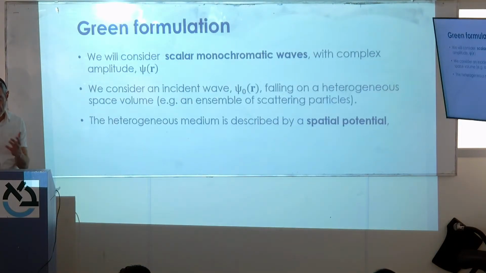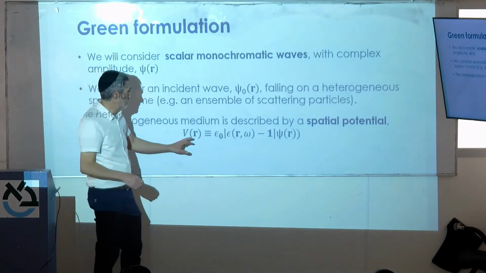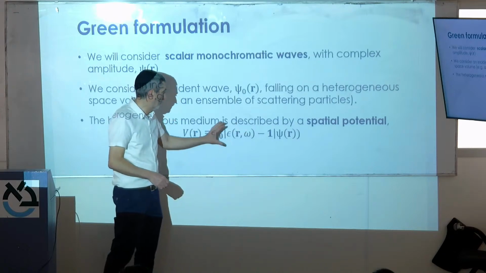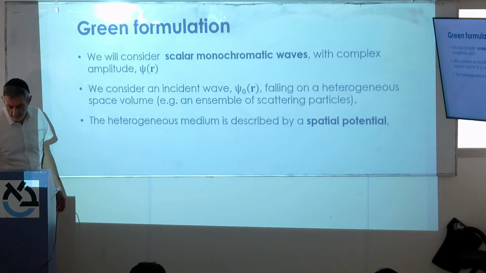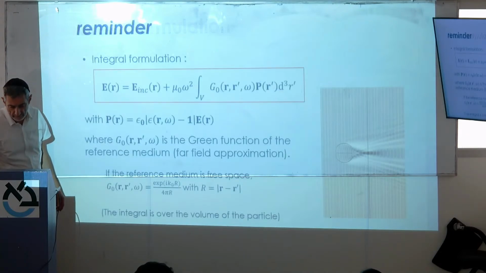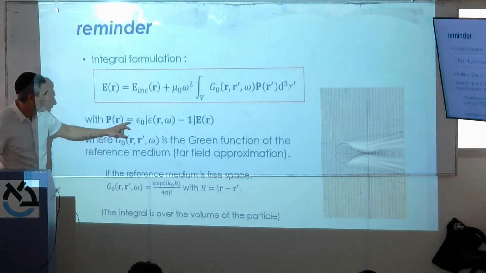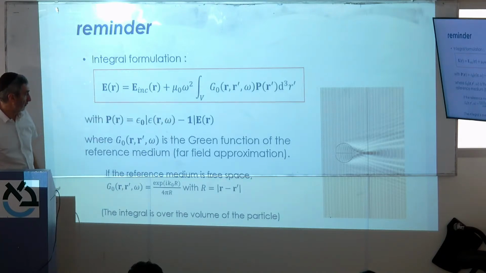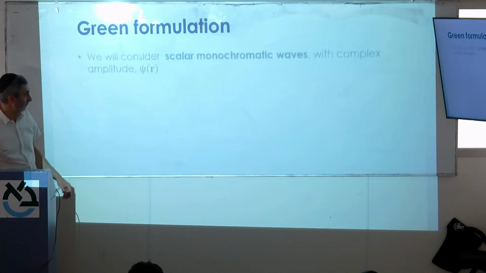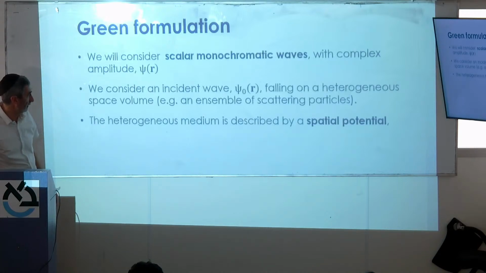In the spirit of quantum scattering theory, which studies how quantum particles interact with a potential, we can define a potential V, which is the term that defines the P, if you see from the previous slide. So this is actually the definition of P, and the field, the same.